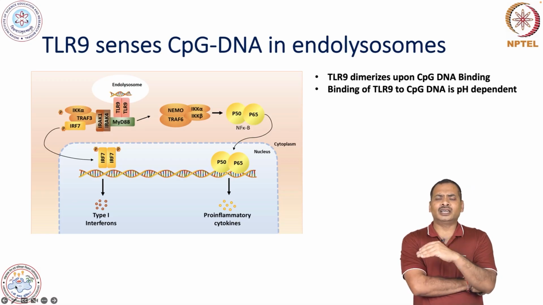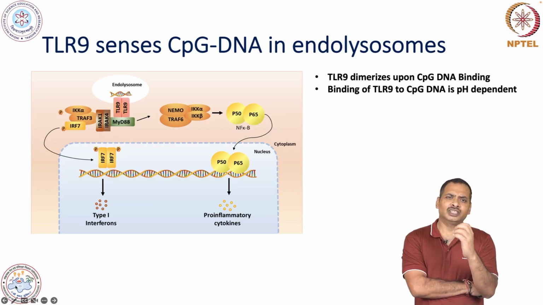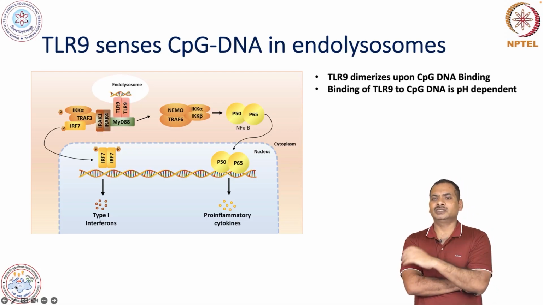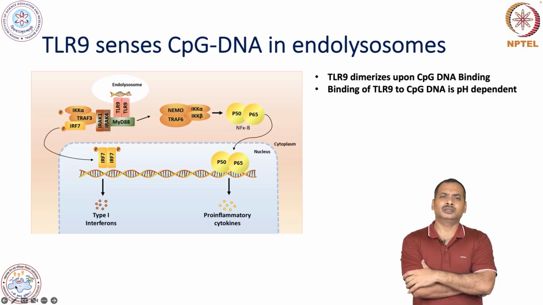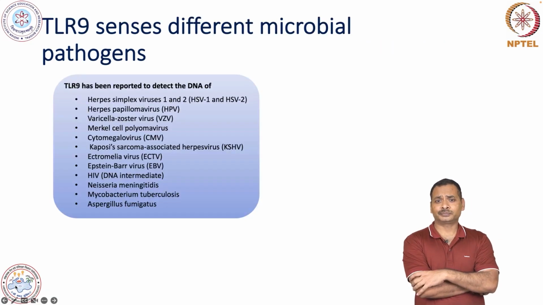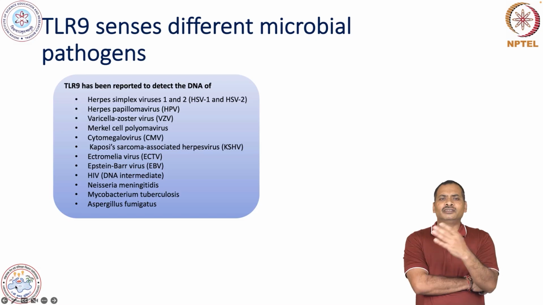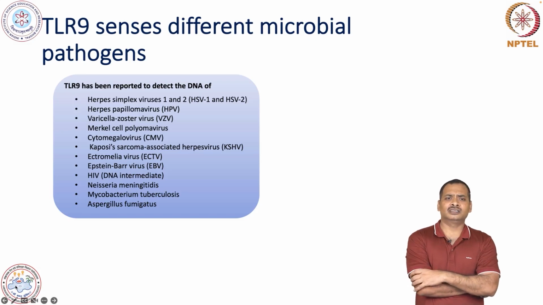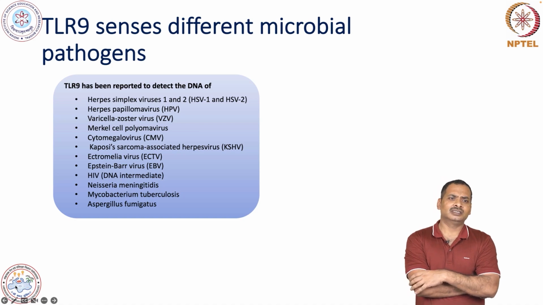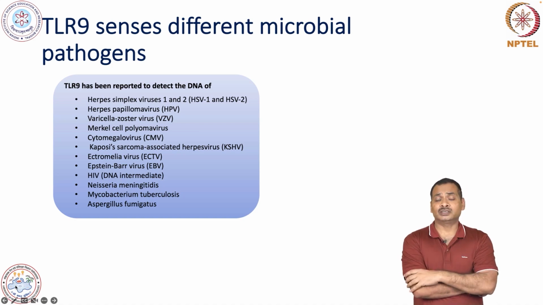So after cleavage, this TLR9 gets dimerized, and then binds to its ligand in a pH-dependent manner, and then all these signalings are induced. There are various TLR9 ligands. Here you can see herpes simplex virus.